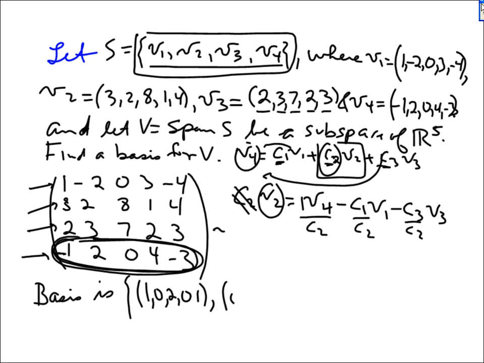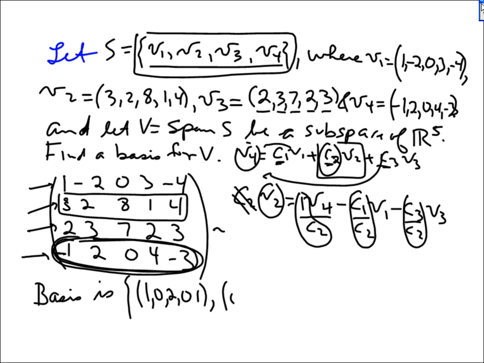So V2 is this scalar times V4 minus this scalar times V1 minus this scalar times V3. All I'm trying to say is we could have eliminated that second row.